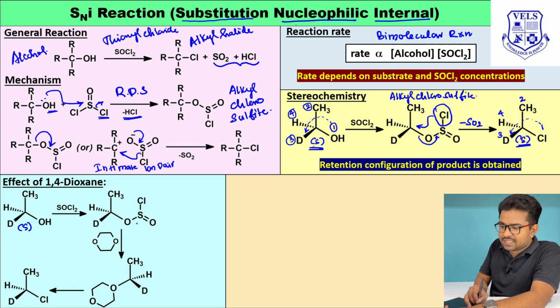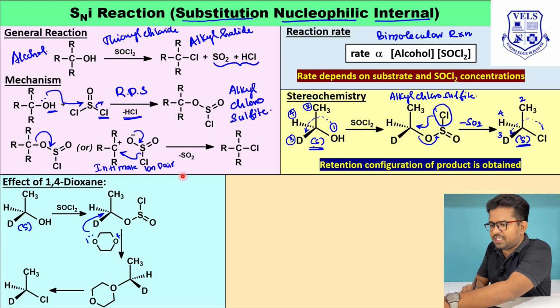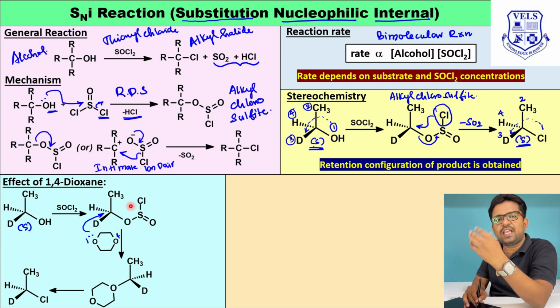In the next step you are using 1,4-dioxane. When you use 1,4-dioxane as a solvent, what happens here? The lone pair of electrons on the oxygen atom attacks the carbon atom from the side opposite to the leaving group. I have already explained in SN2 reaction that a nucleophile always attacks opposite to the leaving group.